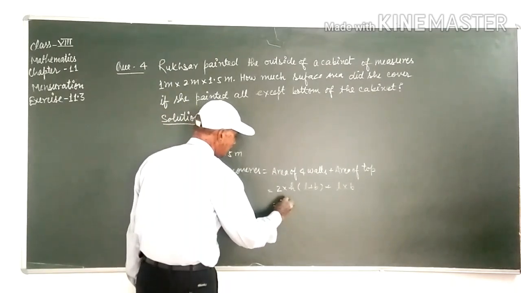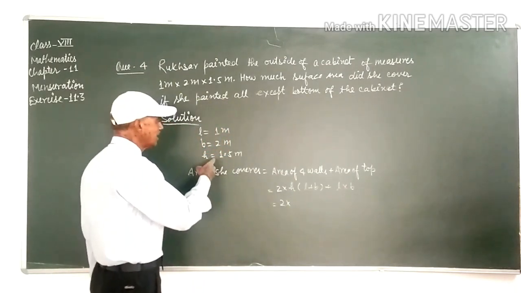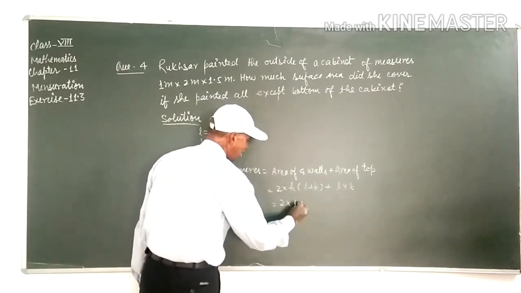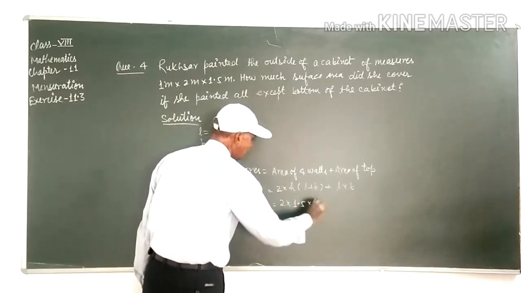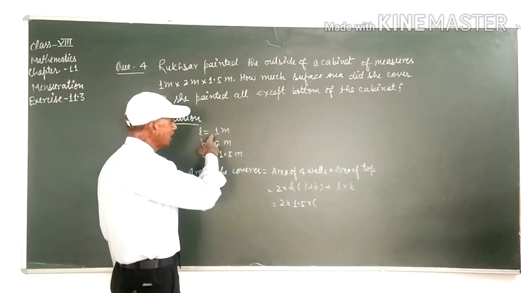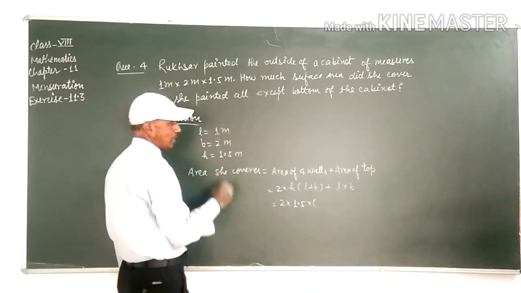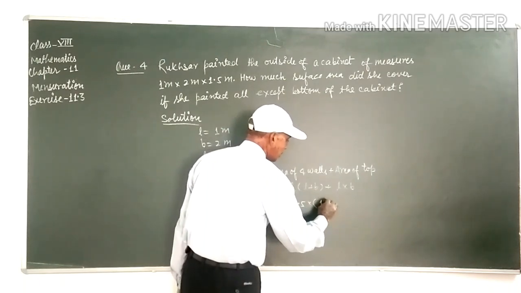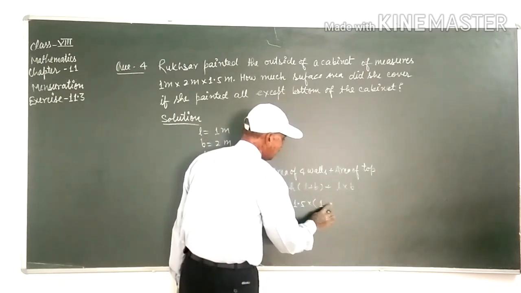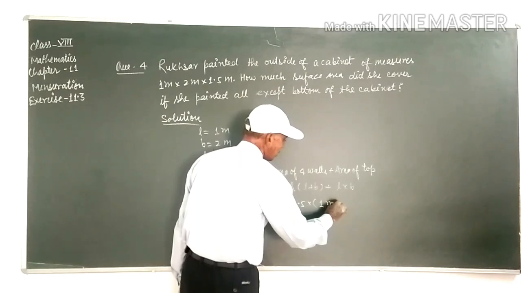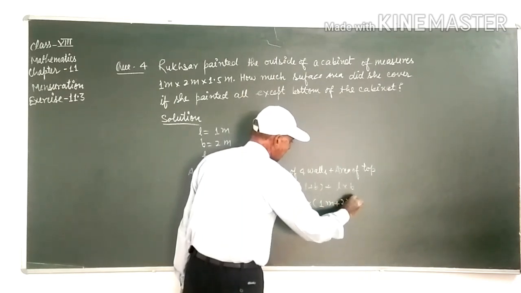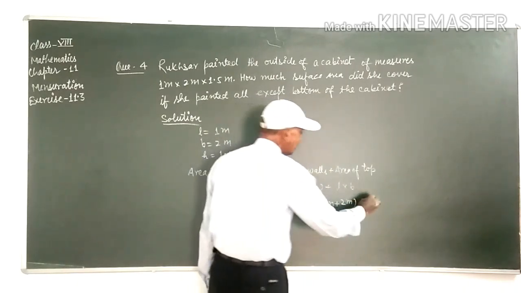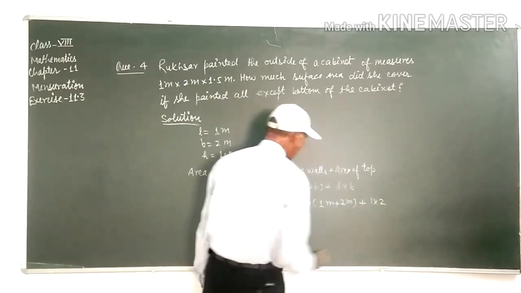Now it will be 2 into height, which is 1.5 meter, students. So 1.5 into length 1 meter plus width 2 meter, plus length into width, 1 into 2.